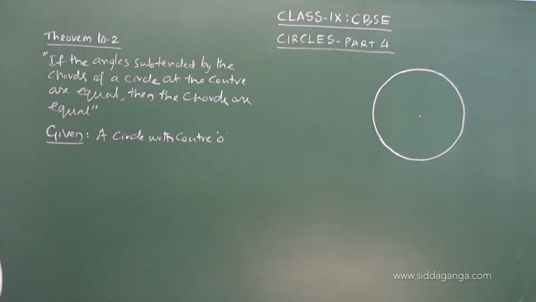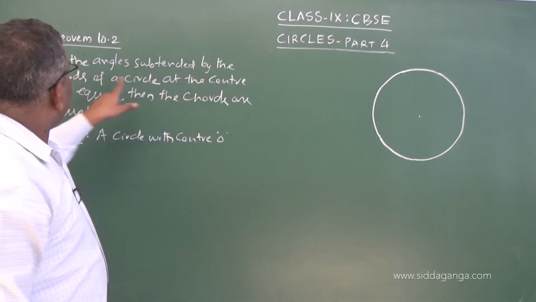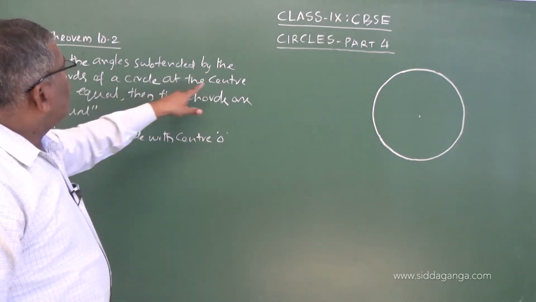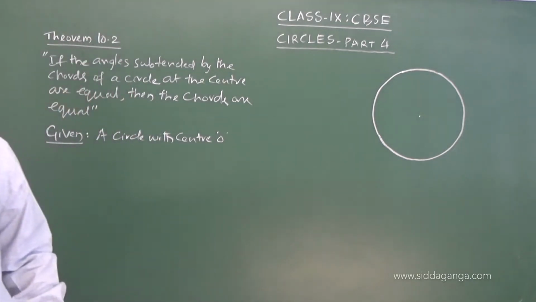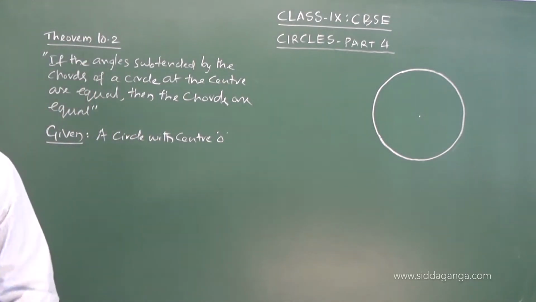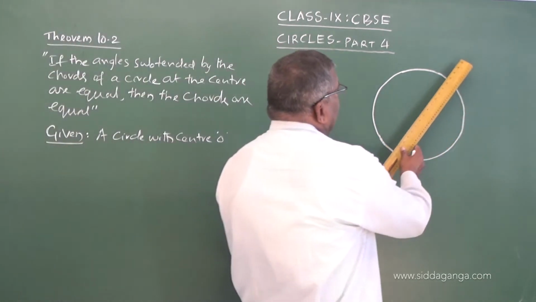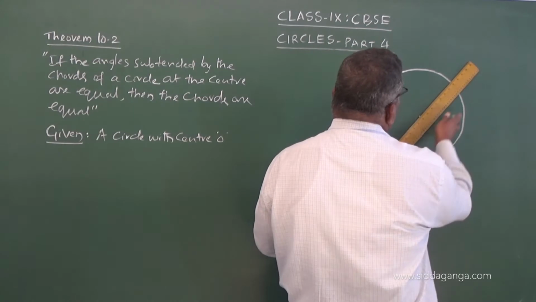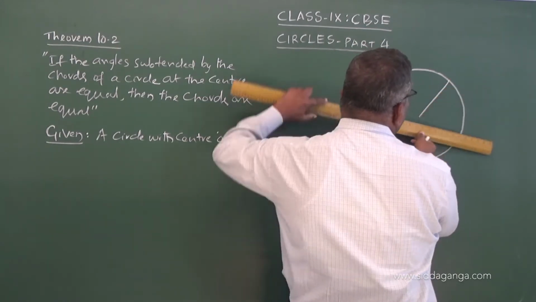Now you read the statement: if the angles subtended by the chords of a circle at the center are equal, that means two angles at the center are given. So let us draw a diagram with two angles at the center.